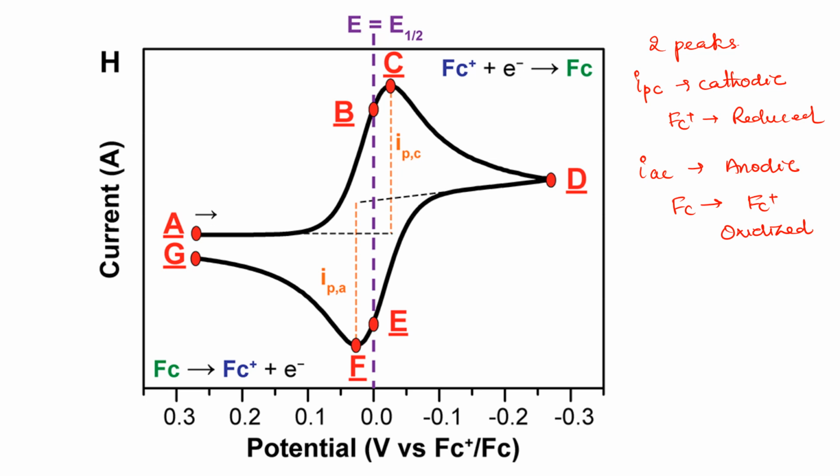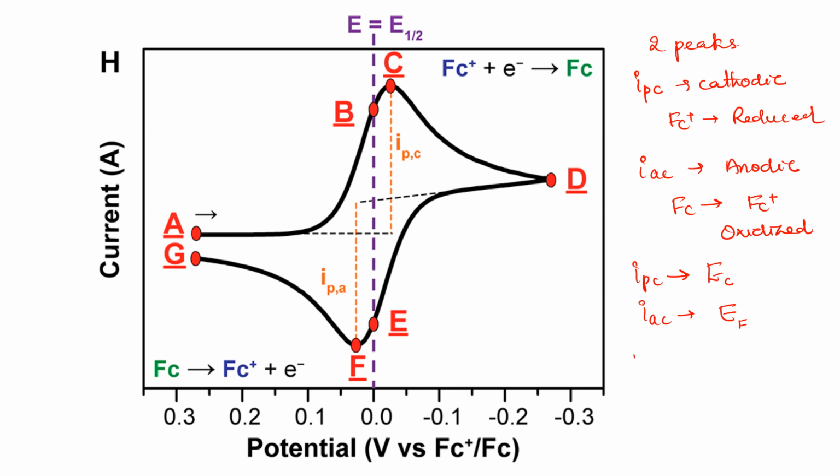And the peak IPC corresponds to a potential, for example this at C. And IPA is the potential corresponding to F, that means the reduction and oxidation peaks.